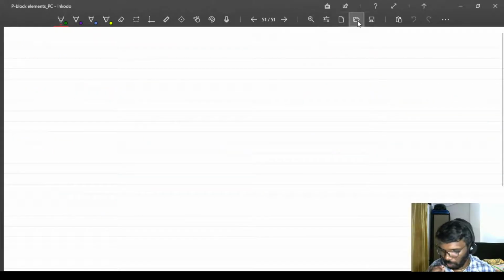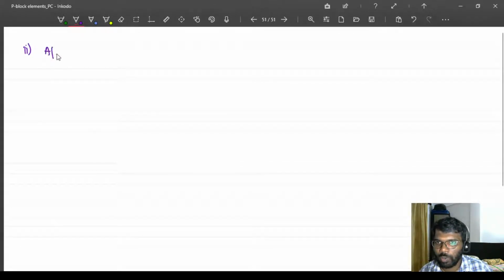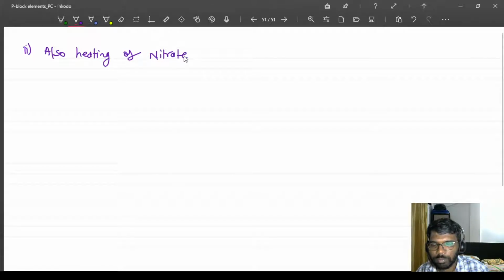The second method of preparation of NO2: NO2 could also be prepared by heating of nitrate. Nitrate means NO3 gives NO2. For example, I'll take lead nitrate, Pb(NO3)2.